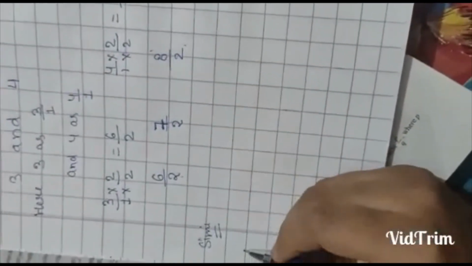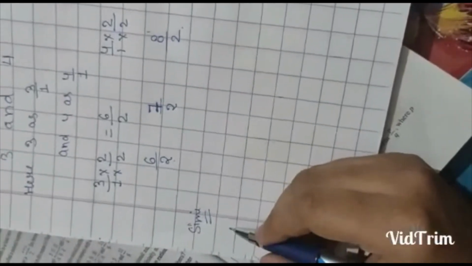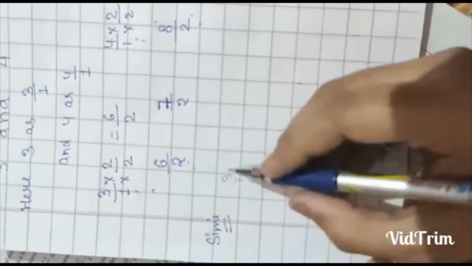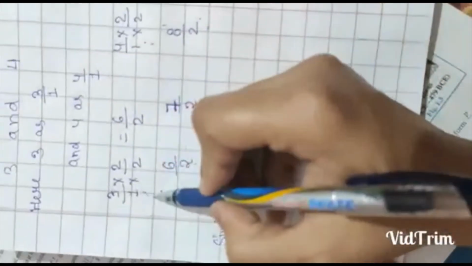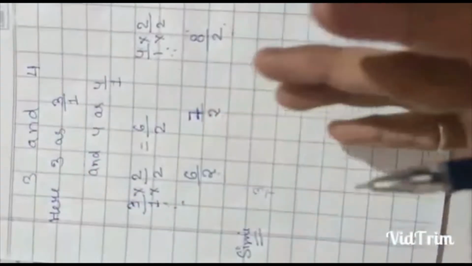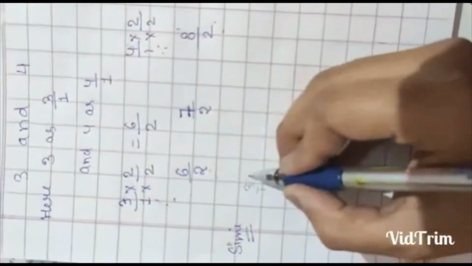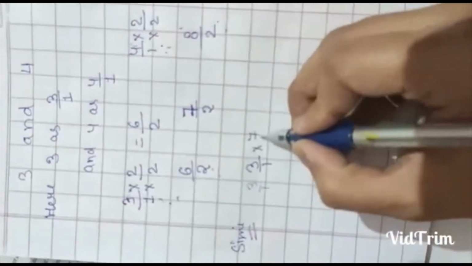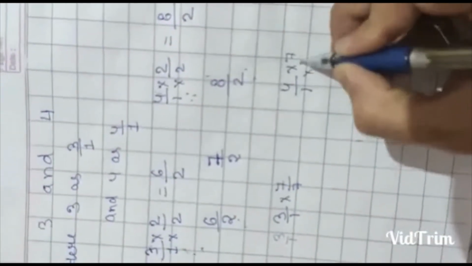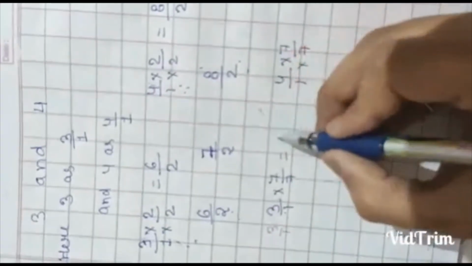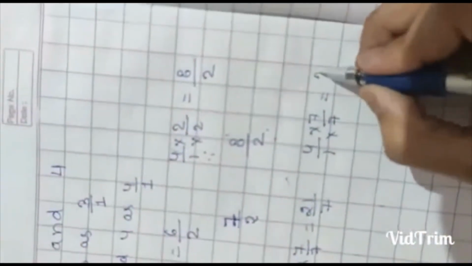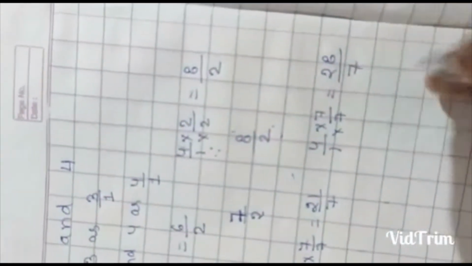Similarly, we can multiply 3 upon 1 and 4 upon 1 by any number, whatever you want to choose: 3, 4, 5, 6. I choose 7. 3 multiplied by 7 equals 21 and 1 multiplied by 7 equals 7. Similarly, 4 multiplied by 7 equals 28 and 1 multiplied by 7 equals 7.